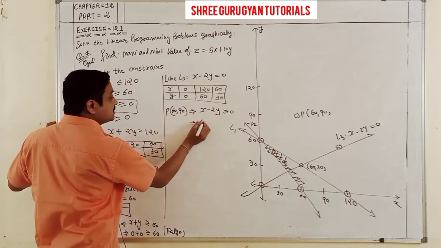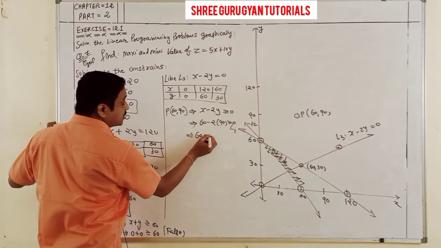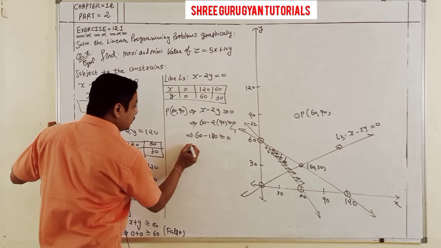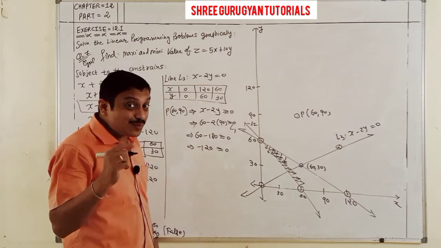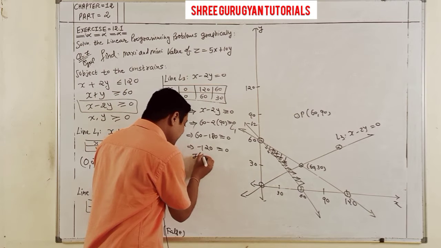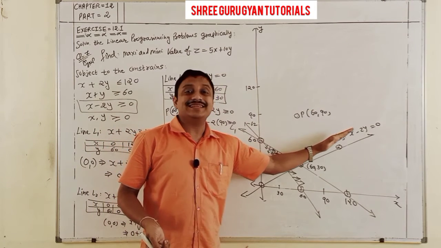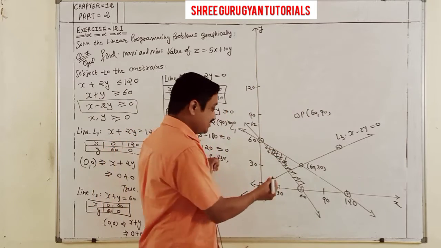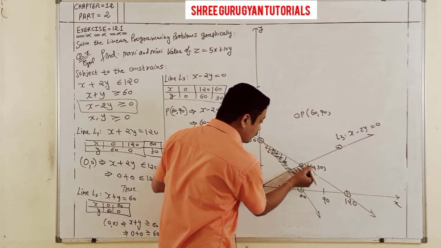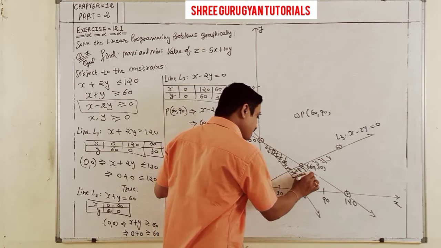So x is 60, y is 90: 60 minus 180 is minus 120, and minus 120 is not more than 0, so it is false. It means this side shading portion for this line L3 is not possible. I go to the other side, so the shading moves this way.